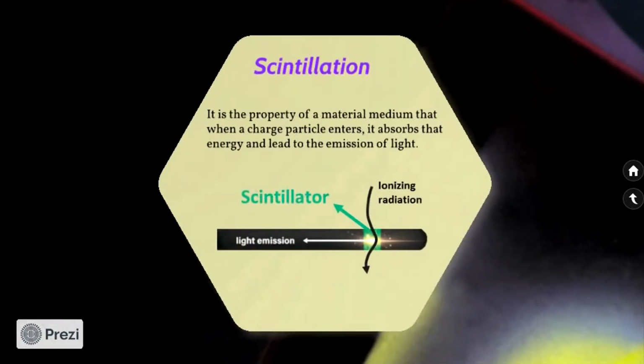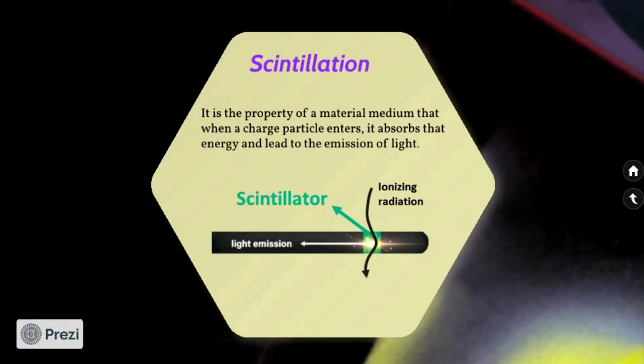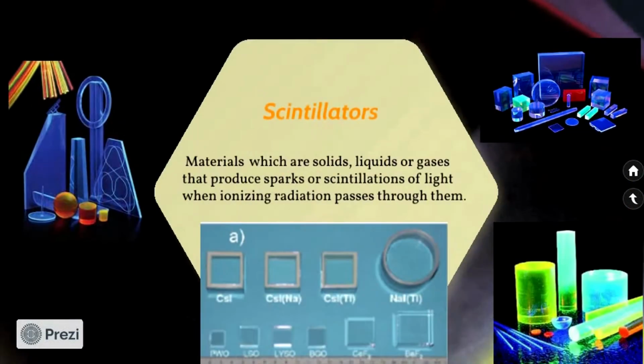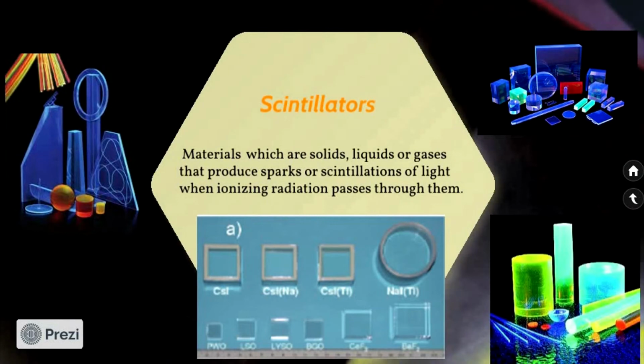What is scintillation? As illustrated in the figure, it is the property of a material medium that when a charged particle enters, it absorbs that energy and releases a photon in the ultraviolet or visible light range, while scintillators are materials that produce sparks or scintillations of light when ionizing radiation passes through them.